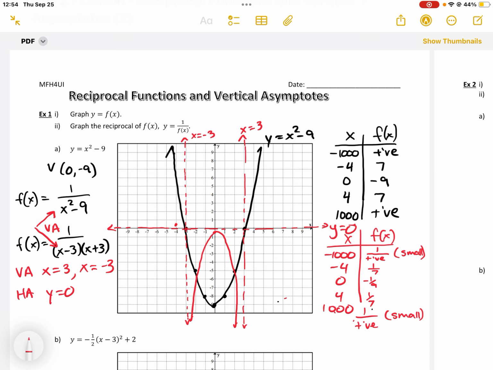My value at minus 1,000 is a really, really small positive number. And so I can connect those dots to get the characteristic shape of my reciprocal function. I can confirm with my points that I also have 2 positive values here. And so my graph is symmetric on that other side. Okay, and that is my reciprocal function.